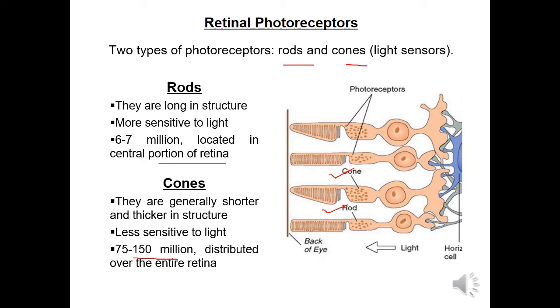Cones are useful in bright light vision, while rods are useful in low light vision. The human eye has 3 different types of cones, and each cone responds to a distinct spectral band of light.